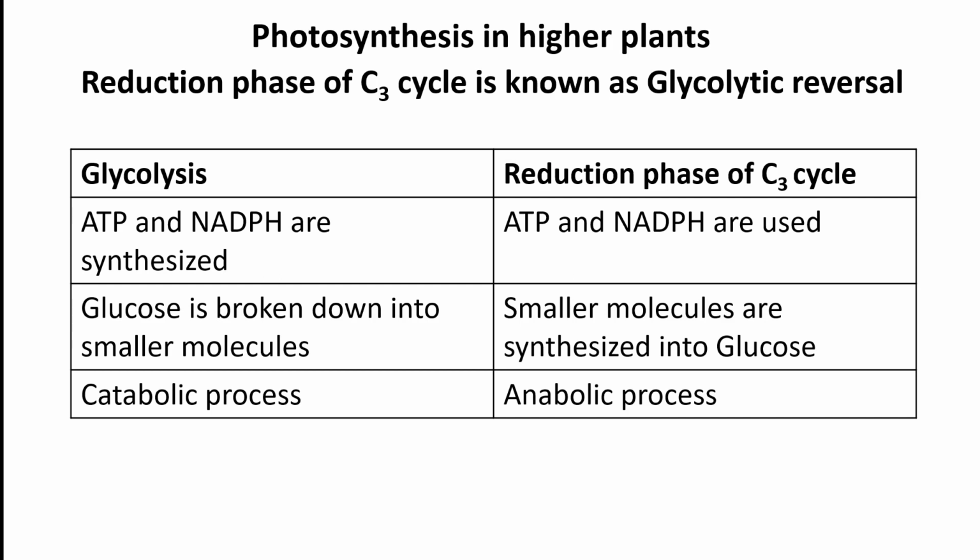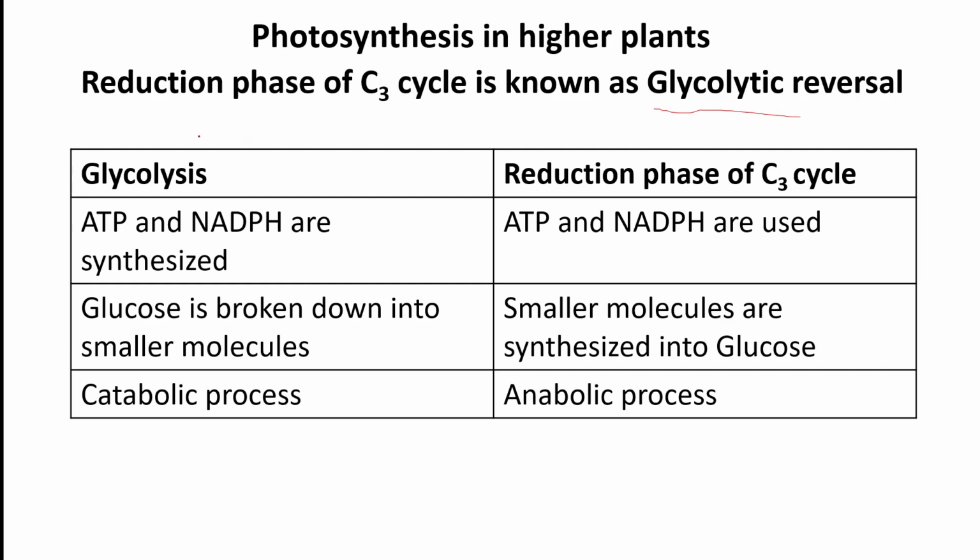Now, I've told you that the reduction phase of the C3 cycle is known as the glycolytic reversal, meaning the reverse of glycolysis. So let's see how the reduction phase of the C3 cycle is the reverse of glycolysis. First we talk about glycolysis.